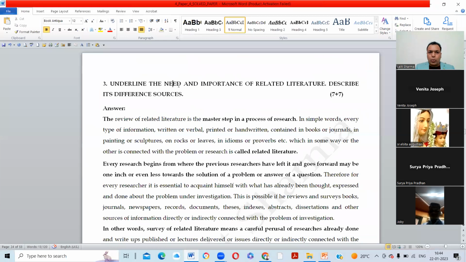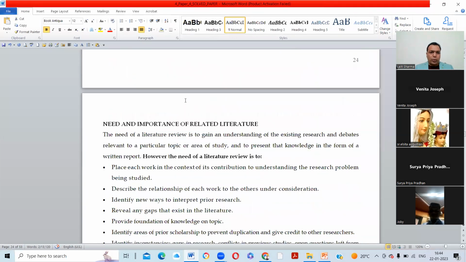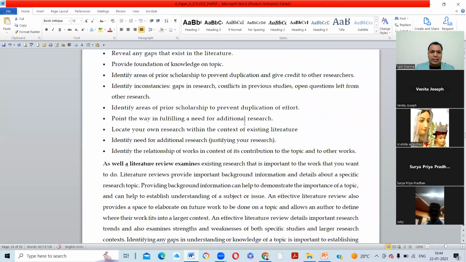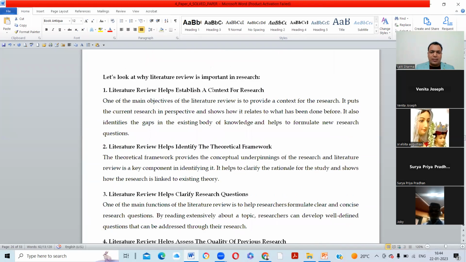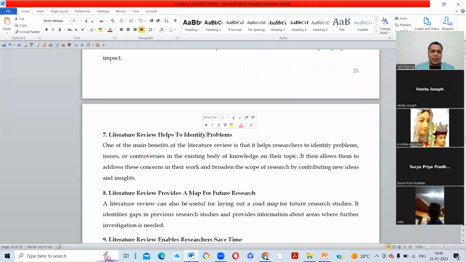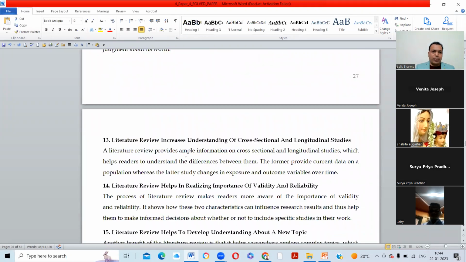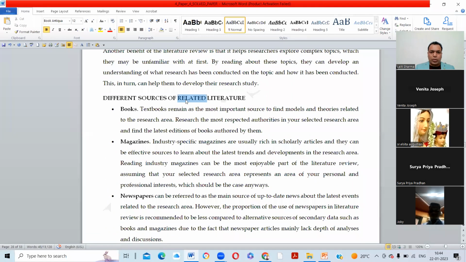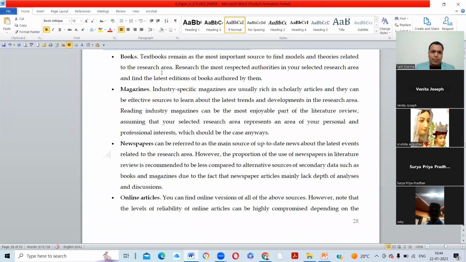So that was two questions: need and importance of related literature, and different sources. First of all, you talk about the need and importance. Look, this is the importance. I have made all these importance points, so you can learn them. Then after that, the different sources: books, magazines, newspapers, online articles, dictionaries.